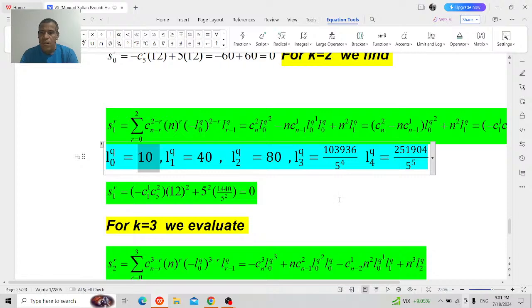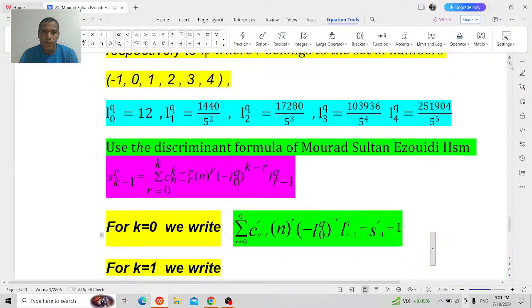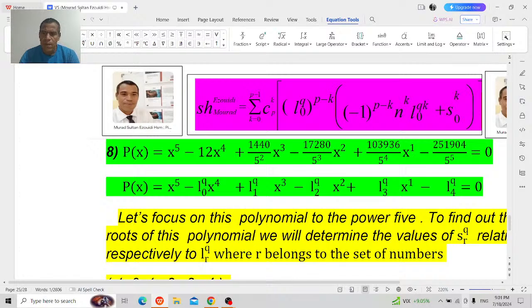So learners, here we have a polynomial to the power 5.